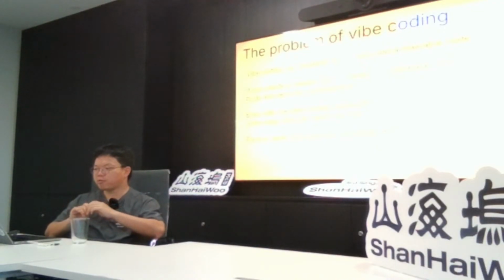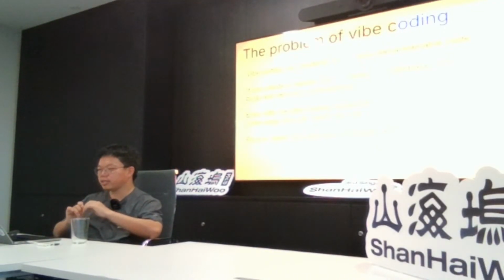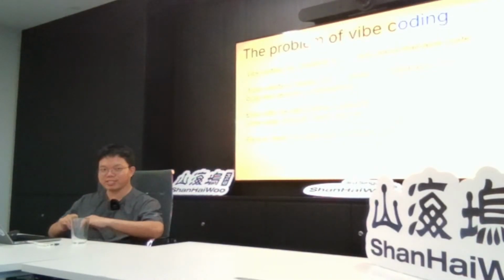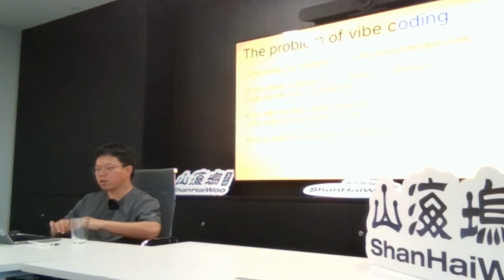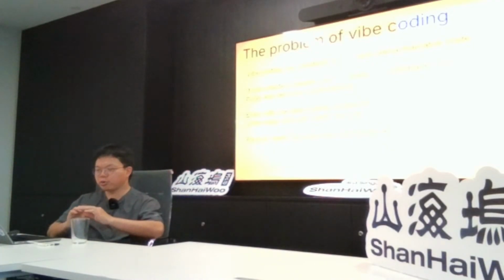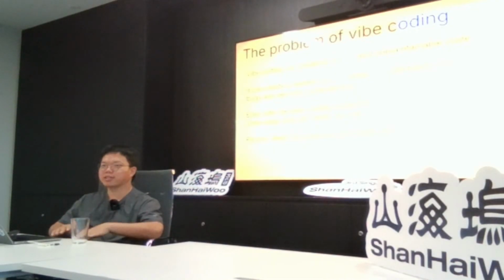But the problem of vibe coding is that it can easily produce very messy and unmaintainable code, because it generates code so fast, and it's very easy to get over-engineered. If it has bugs, performance issues or security vulnerabilities, they will be very hard to find and fix, even if you know the tech stack.